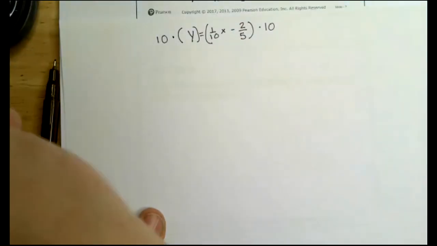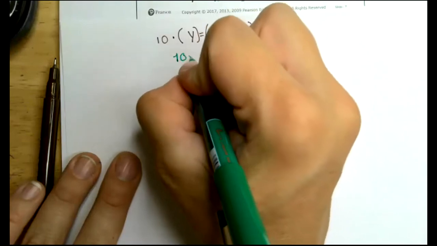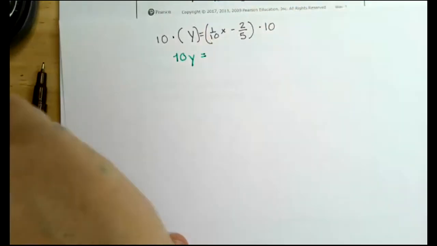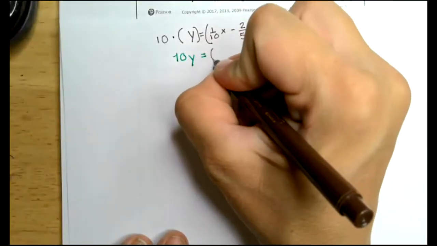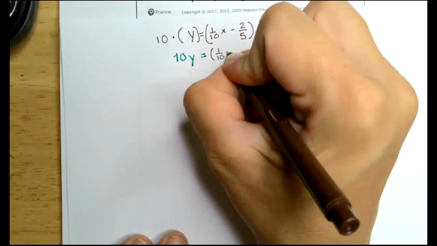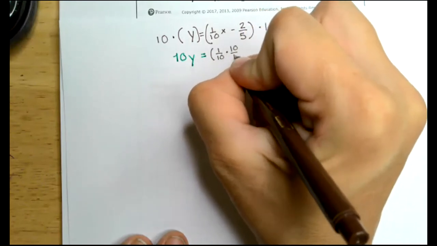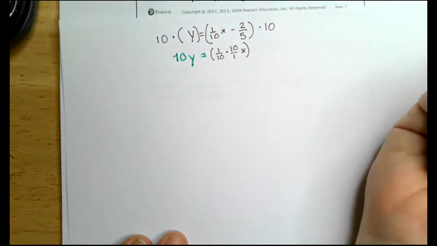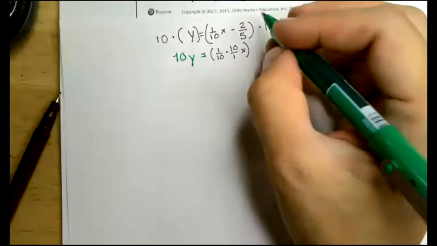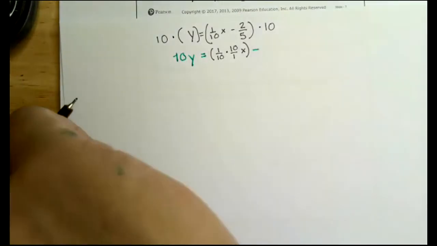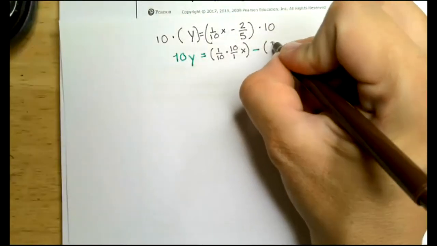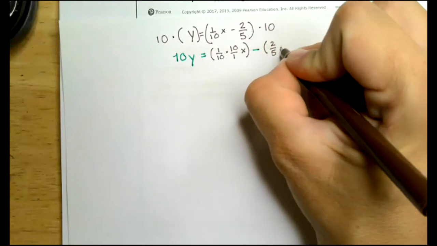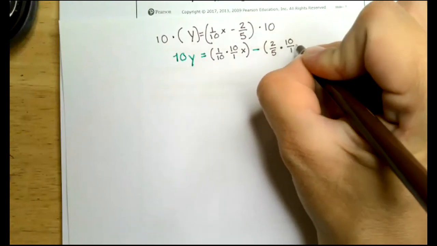So now I have 10y is 1/10 times 10/1 x. Yeah? Minus 2/5 times 10/1.